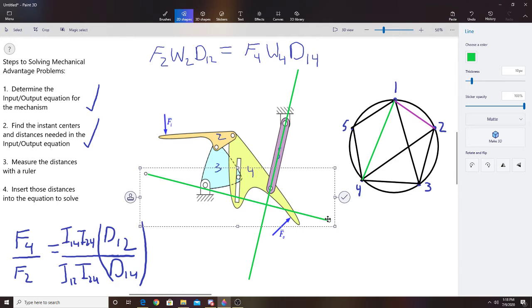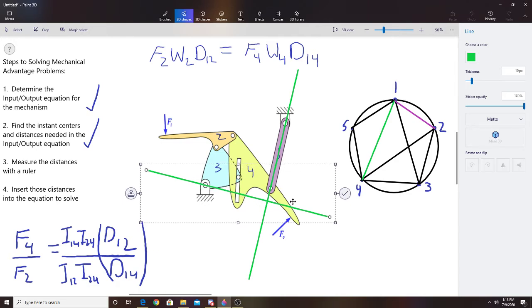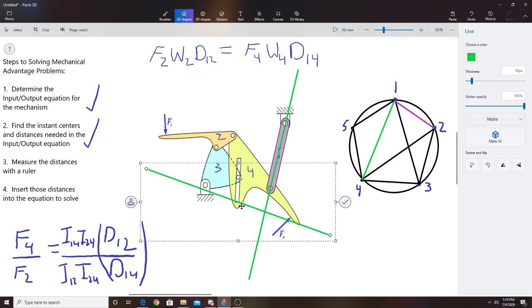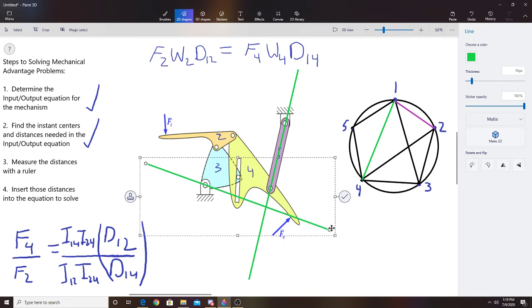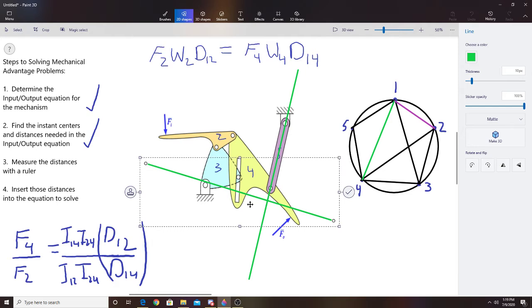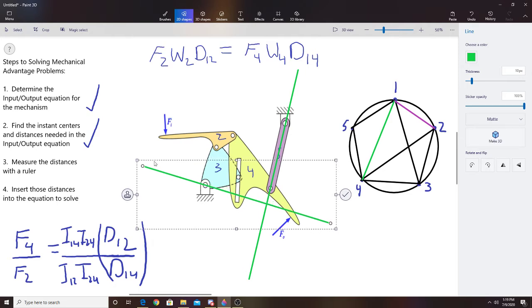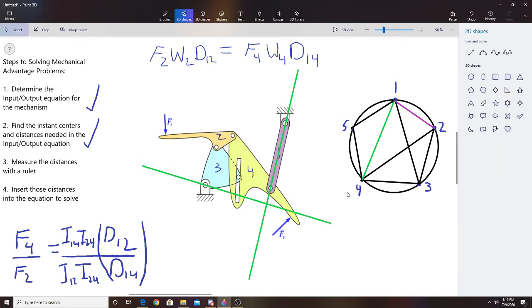So I'm going to put mine here. Theirs, they put it all the way down here at the end of the slider. But like I said, as long as it is at an intersection between this line and this line, I don't really care. The problem is that the book doesn't really explain how or why they've made that decision. So I'm not going to punish you for making that same decision. So right here is where I'm going to lay it.